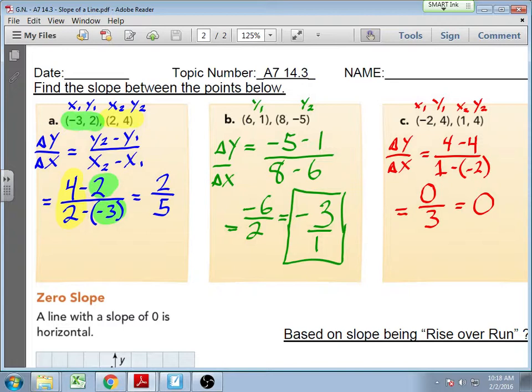So when a line doesn't go up and doesn't go down, its slope is 0. And when we think about applying this to our y equals mx plus b, if m, my slope, is 0, that's going to be 0 times x, so that all becomes 0.